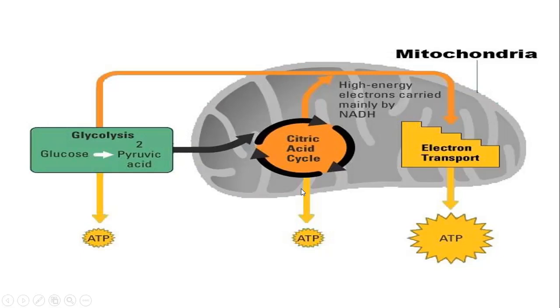Now, in the presence of oxygen, the pyruvate is converted into a molecule that goes into the citric acid cycle. In the citric acid cycle, we also have the production of 2 molecules of ATP. But aside from that, we also have the production of electron carriers, such as NADH. The NADH plays a major role in the electron transport chain.